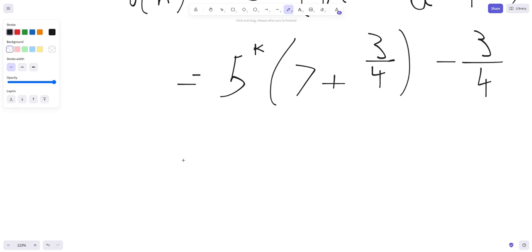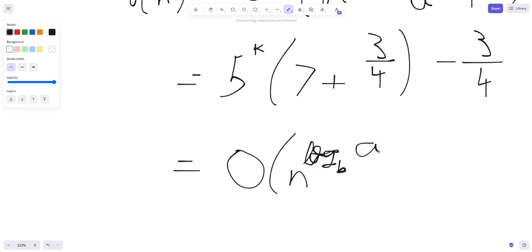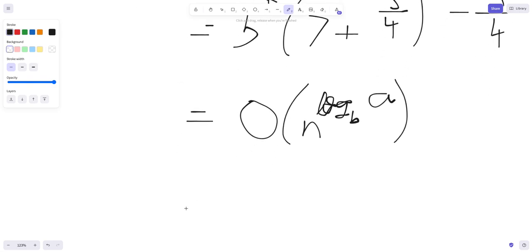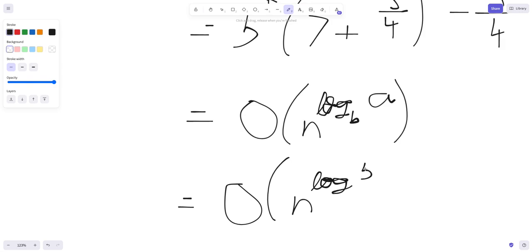And so this is big O of n to the power log base b of a, because a is obviously greater than 1, it's equal to 5. And so this is equal to O of n to the log base 2 of 5.